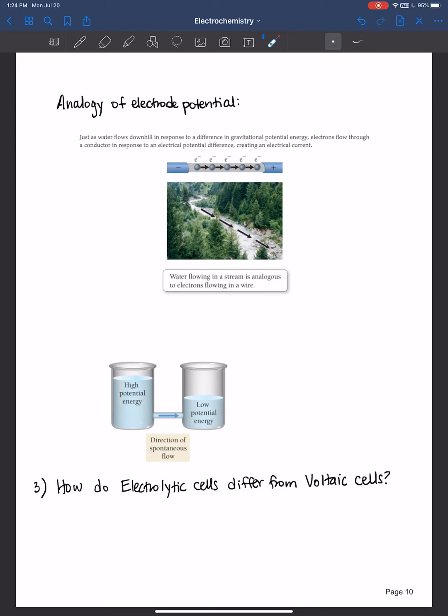So how do electrolytic cells differ from voltaic cells? We will discuss that at the end of this video series. We won't study electrolytic cells extensively, but I do want you to know the difference between the two. So we learned that electrolytic cells are non-spontaneous, and therefore they require an external electric current.